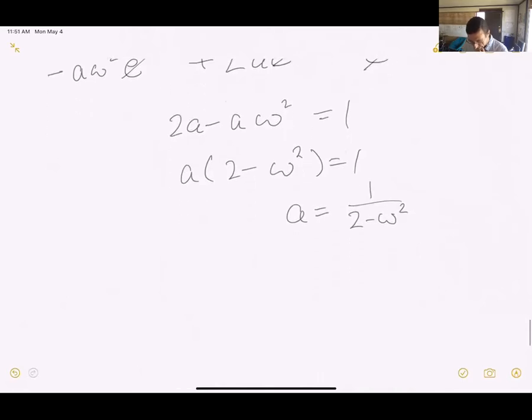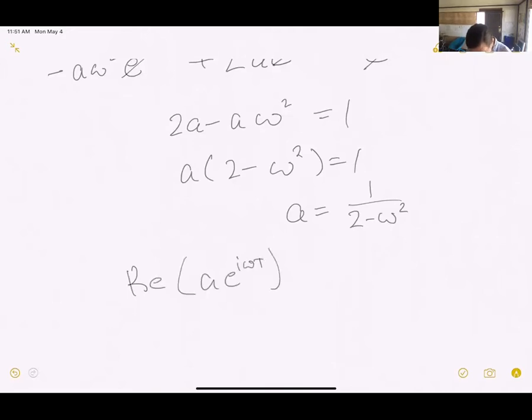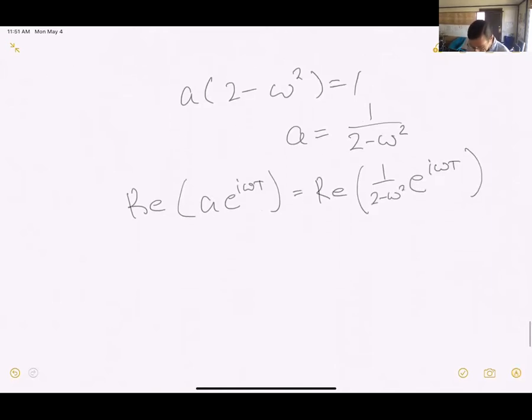Okay, now remember that we're really interested in the real part of a e to the i omega t. So we want the real part of 1 over 2 minus omega squared times e to the i omega t. The 2 minus omega squared is just a constant.